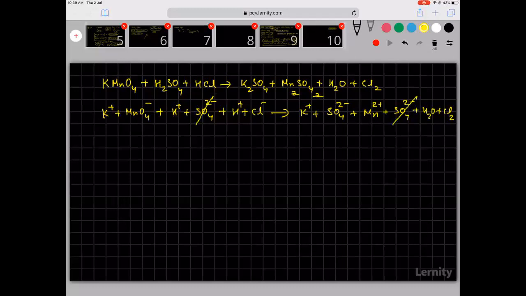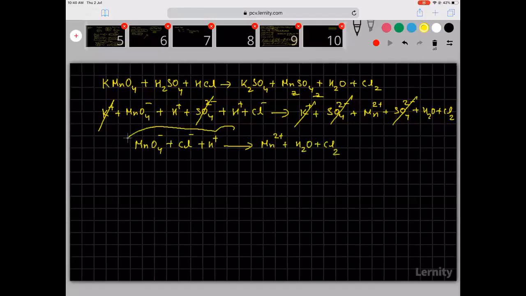So that is it. So the equation now becomes MnO4 minus plus Cl minus plus H plus becomes Mn2 plus, H2O plus Cl2. So this is the ionic equation representing this.